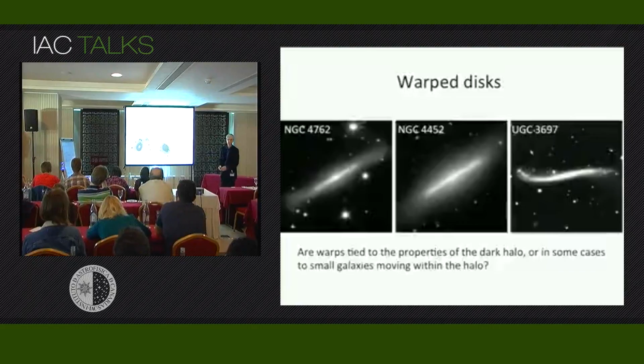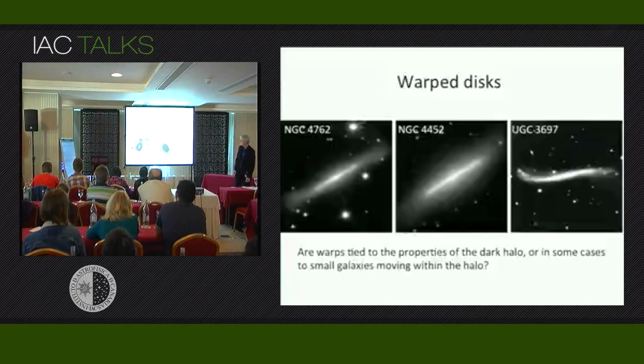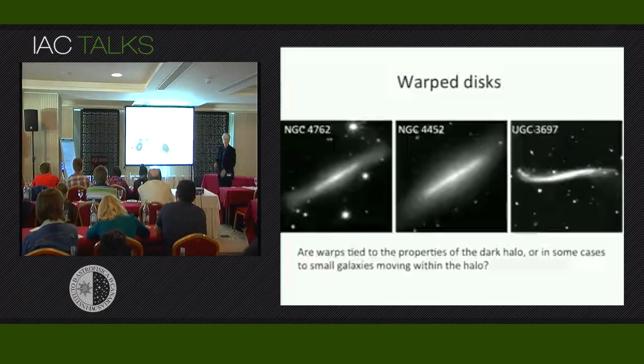The origin of warps could be interactions with a small galaxy, but they don't all have small companions. But it's believed that it's possible to get these warps if the galaxies are residing in a halo that may be somewhat flattened, and if the axis of the halo, say the rotation axis of the halo, or the axis of its gravitational potential, is tipped relative to the rotation axis of the disk.